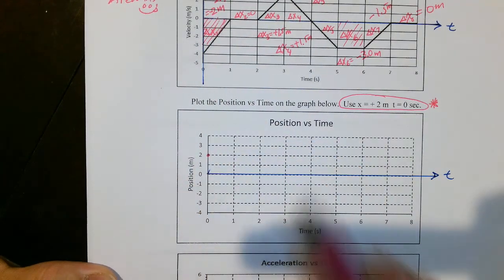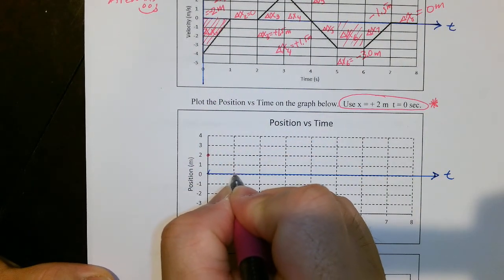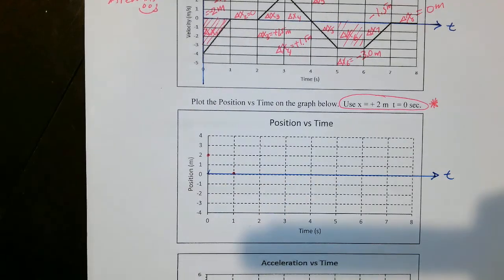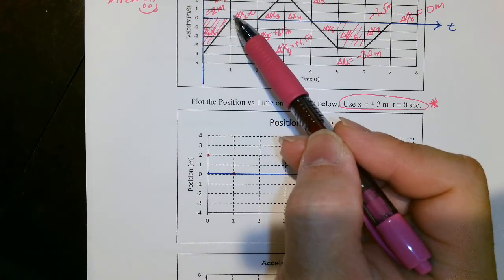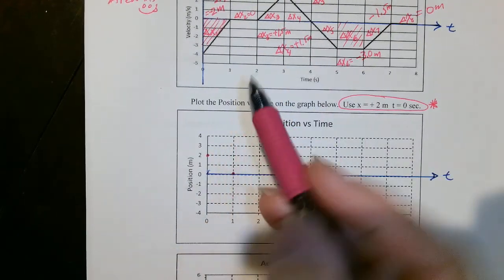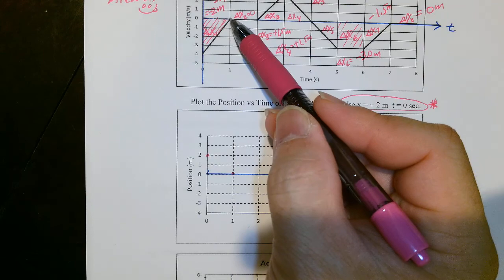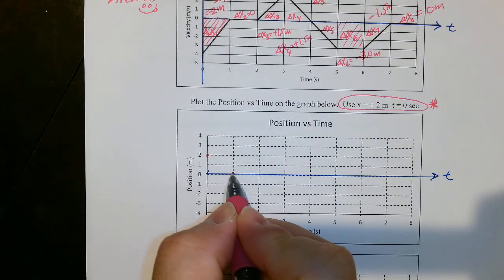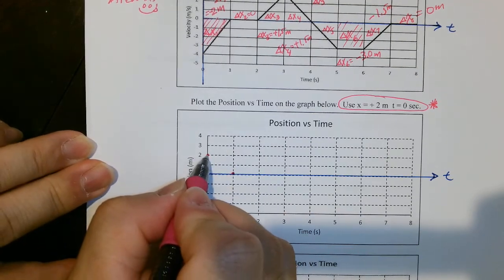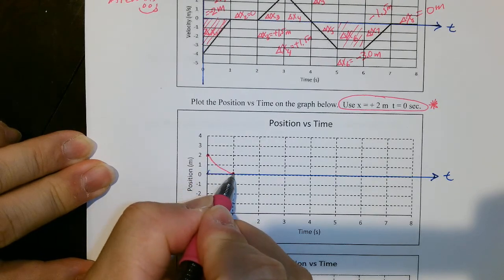So after 2 meters, I end up at 0. And my velocity approaches 0 at 1 second. So after I travel 2 meters in the negative x direction, it should stop. So my slope value at 1 second should be 0, which is flattening out here. So it's going to be one of these.